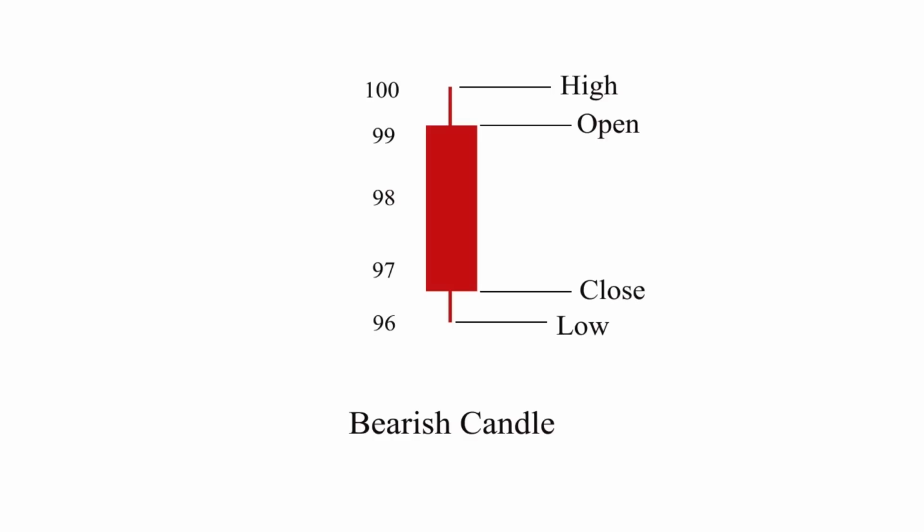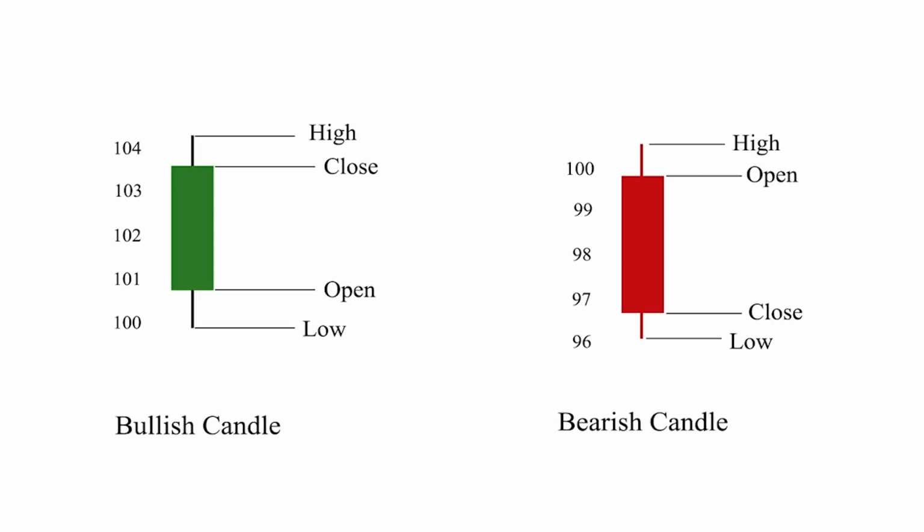See, the only difference between a bullish candle and a bearish candle is that for a bullish candle, the close was above the open. Previously the open was at 101, and if it closes at 102 or 103, it is going to be a bullish candle. But for a bearish candle, if it starts losing its value from 100 and closes below, it is going to be a red candle.